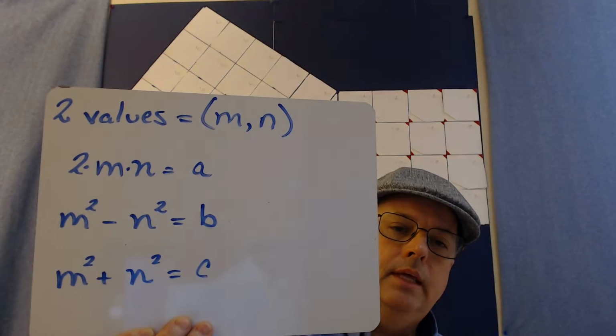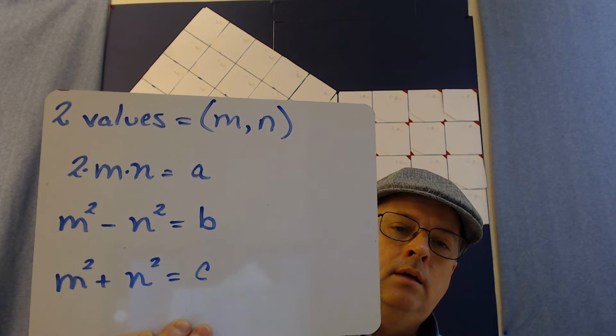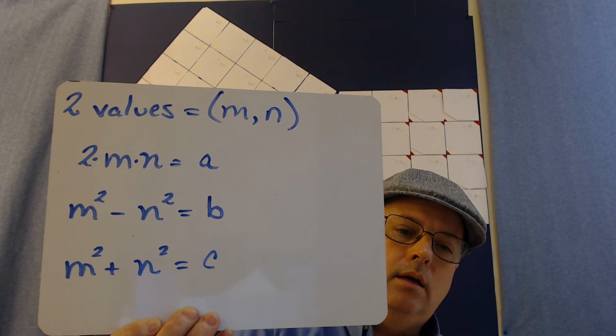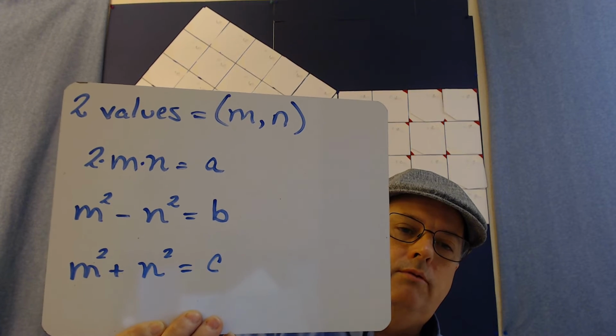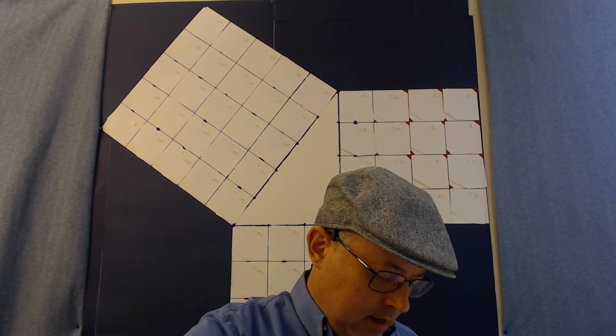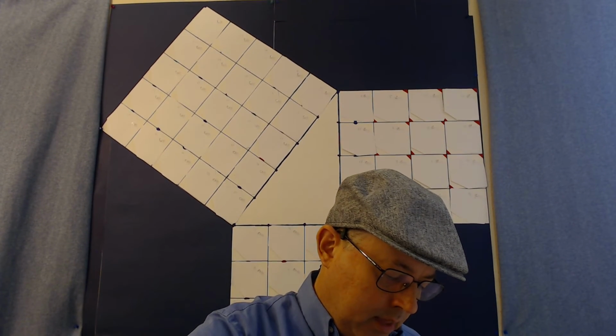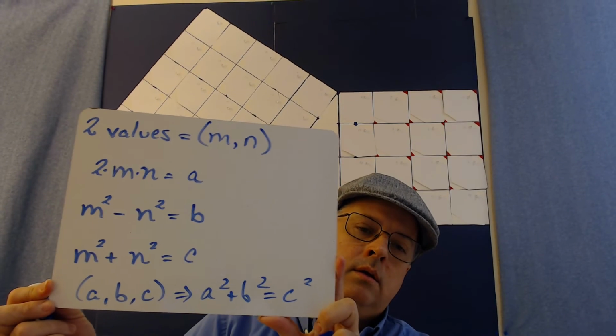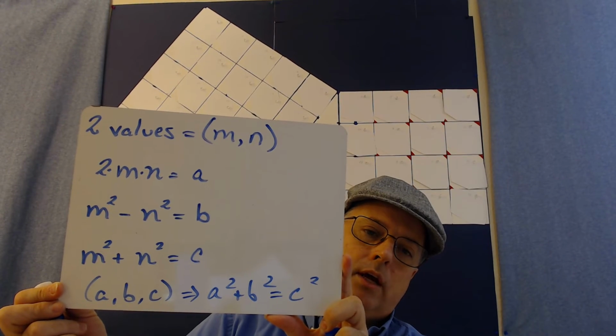And so now with these two values, m and n, and this manipulation of m and n, we have arrived at a Pythagorean theorem, a, b, c, where a squared plus b squared equals c squared. And that's our second formula that generates Pythagorean triples.